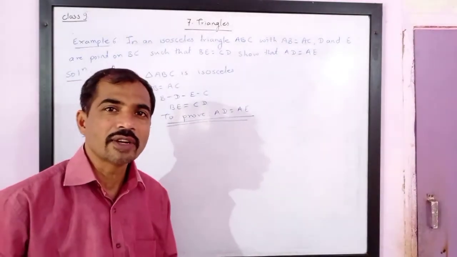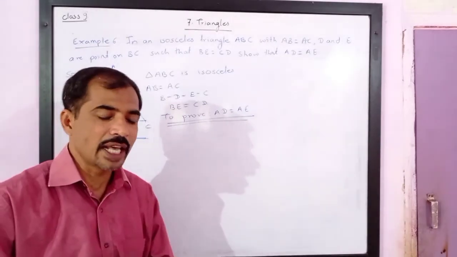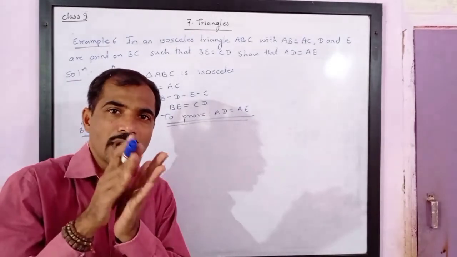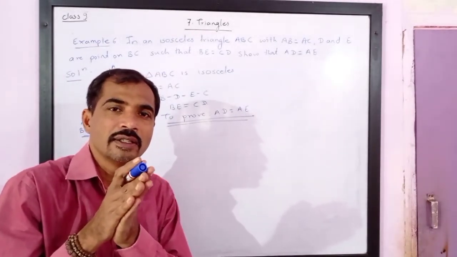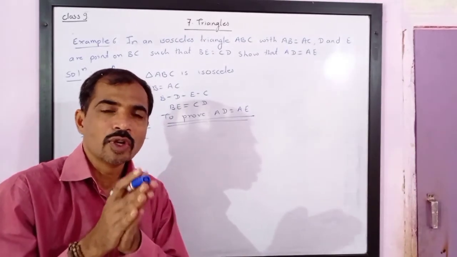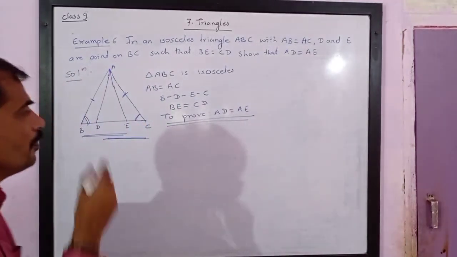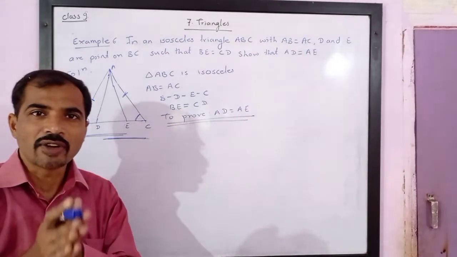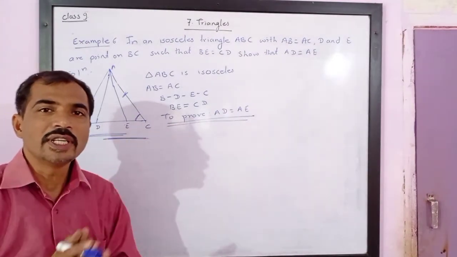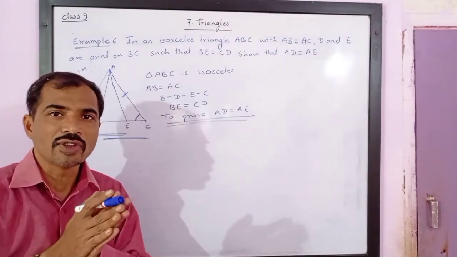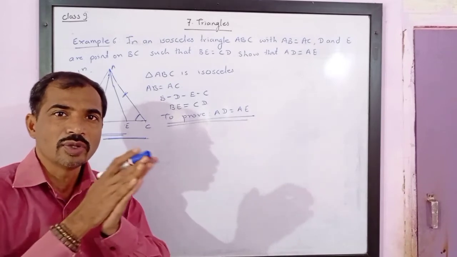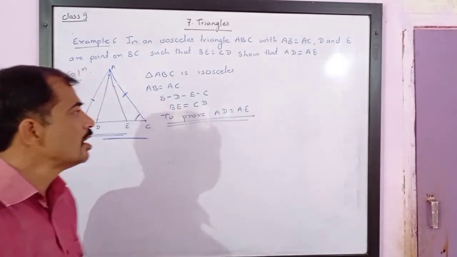Now if the triangles are congruent and you keep them one above the other, then all the parts coincide with each other. So all three sides are congruent to the corresponding three sides of the other triangle, and three angles of one triangle are congruent to corresponding three angles of the other triangle.